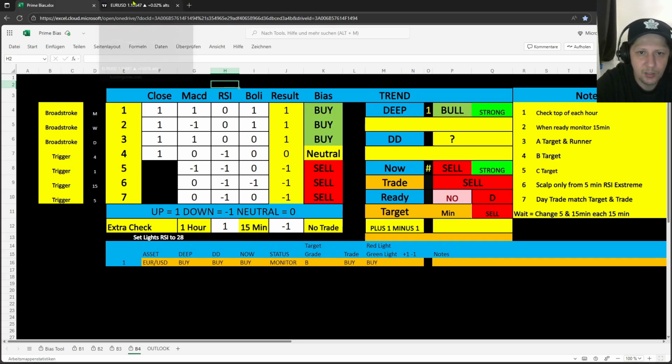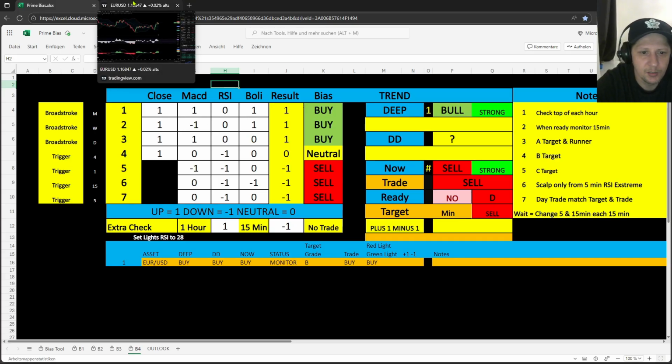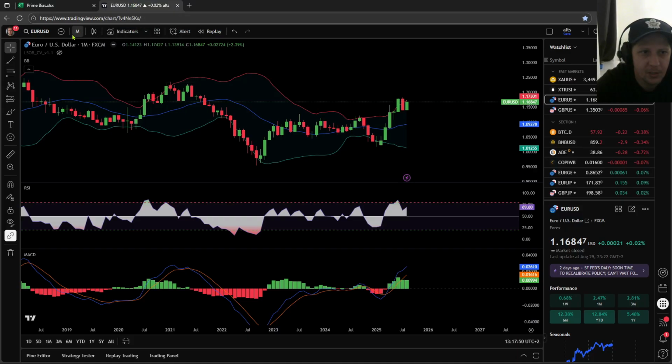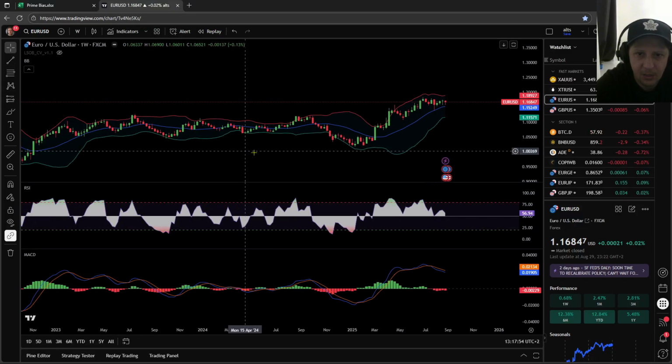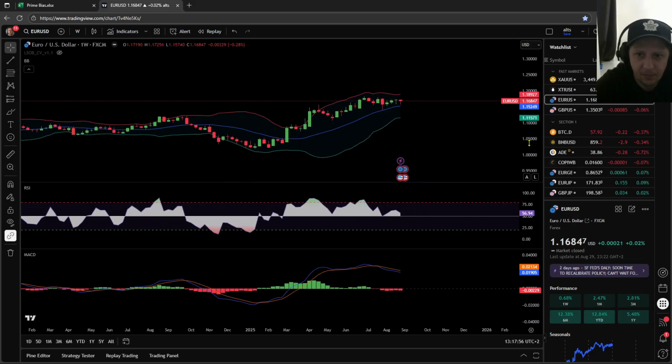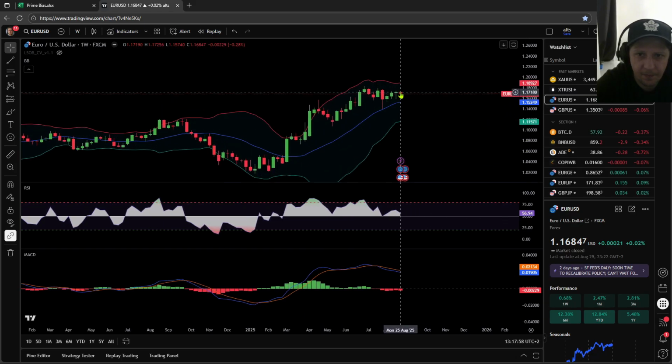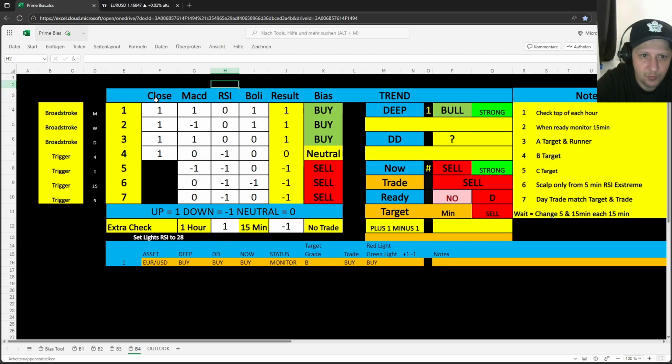So let's go into the weekly. For the 1 week, because it's the end of the month, I choose the last candle here, but usually you choose this one, right? So it's a -1.